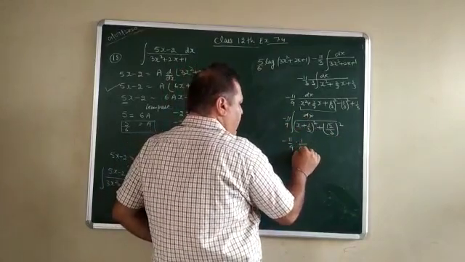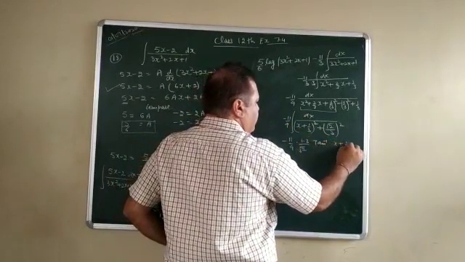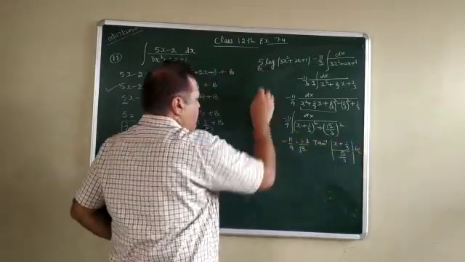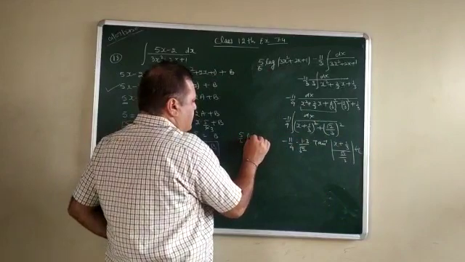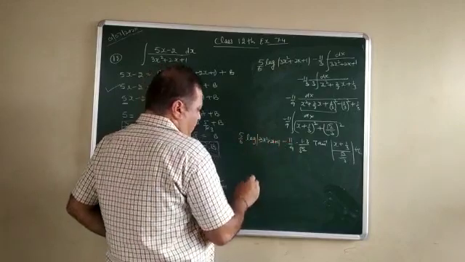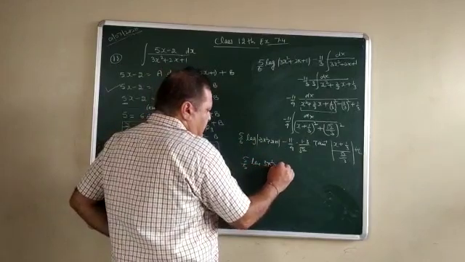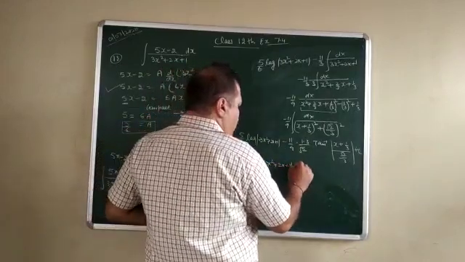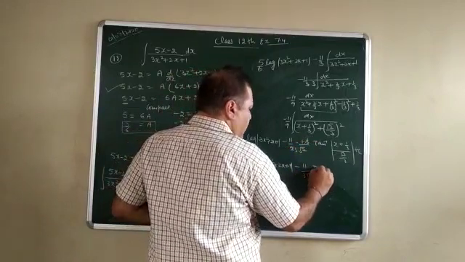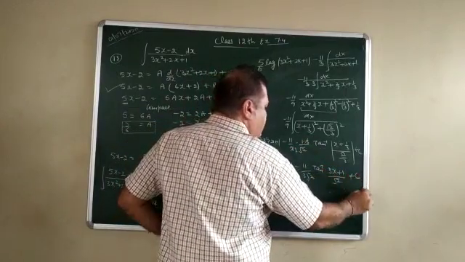Now we can apply the formula for x square plus a square: 1 upon a tan inverse x upon a plus c. And this result, combined with the first part, we can write as 5 by 6 log of 3x square plus 2x plus 1 minus, 3 3s are 9, 11 by 3 root 2 tan inverse of 3x plus 1 upon root 2, plus c.